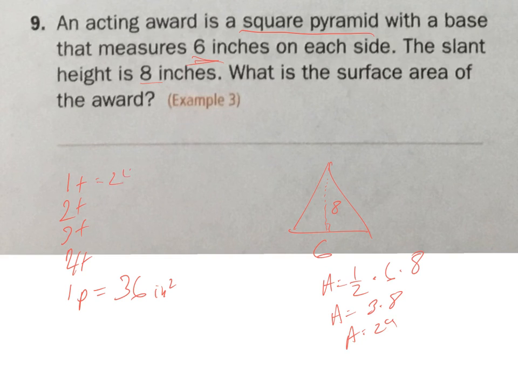So this one's 24, this one's 24, this one's 24, and this one's 24. Let's add them all together. 24 times 4 equals 96, plus 36 equals 132 inches squared.